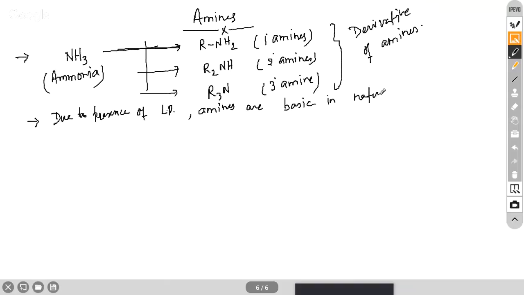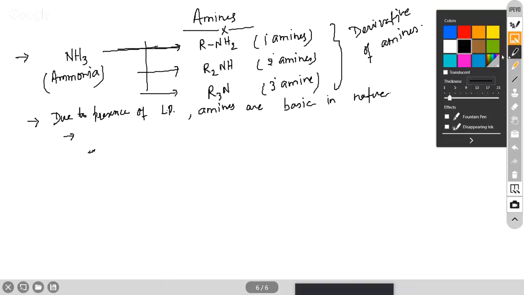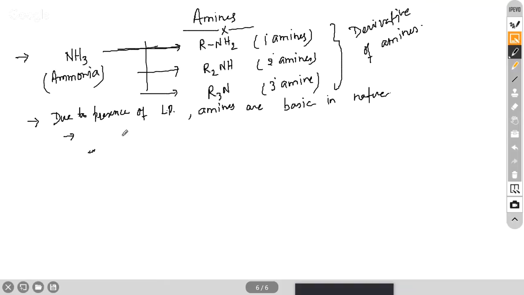And this particular relation is important. There are two different orders for this, and that is the basicity order. Write down the basicity order in gaseous phase. These two you must remember.